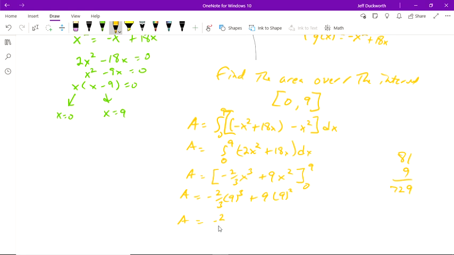So that's negative 2/3 of 729 plus 729. All right, so in essence, we're going to take 1/3 of 729, but that's going to be, looks like total is going to be 243. It's really just 1/3 of 729. So we divide that, we're going to get 243.